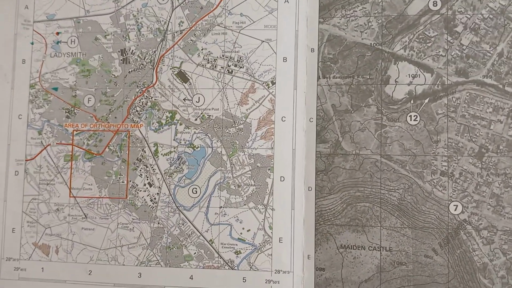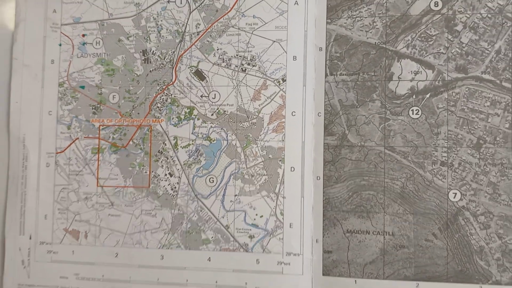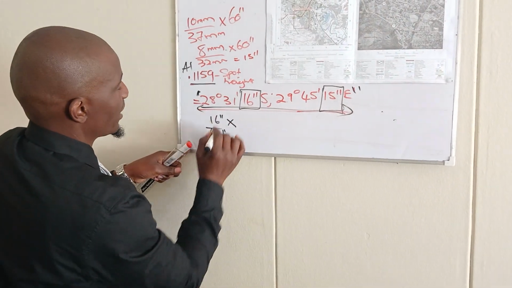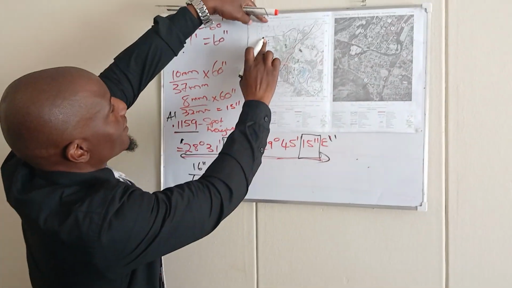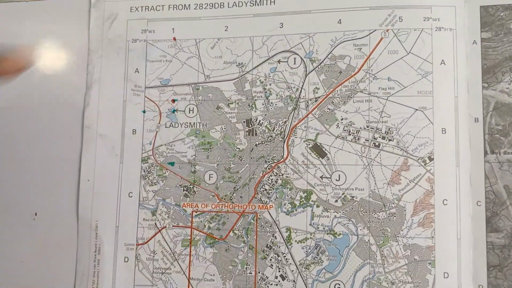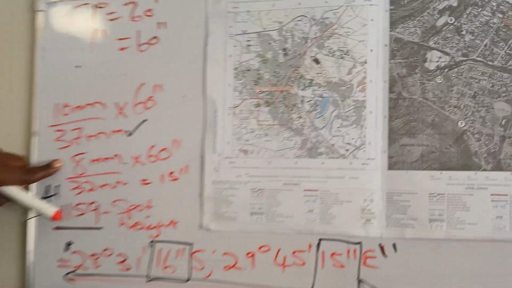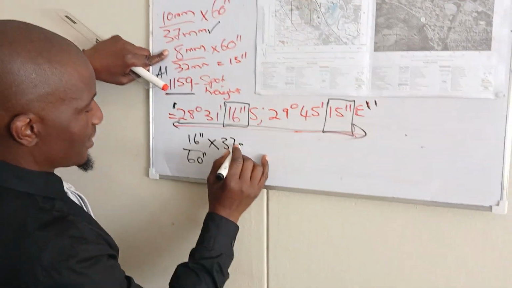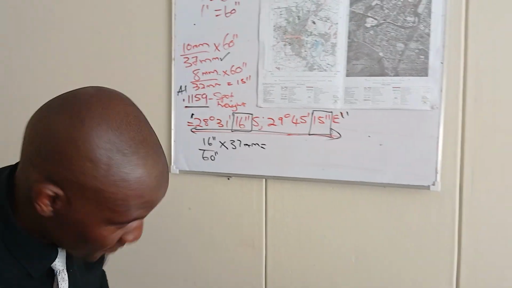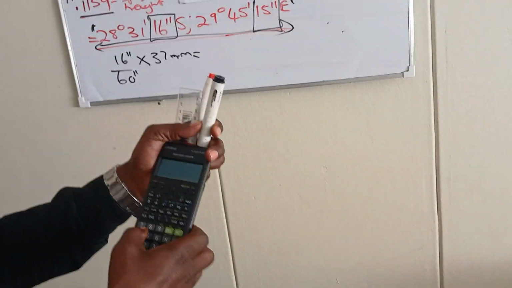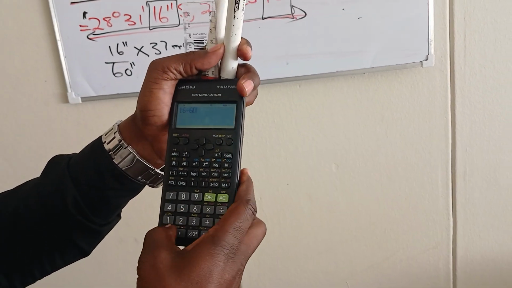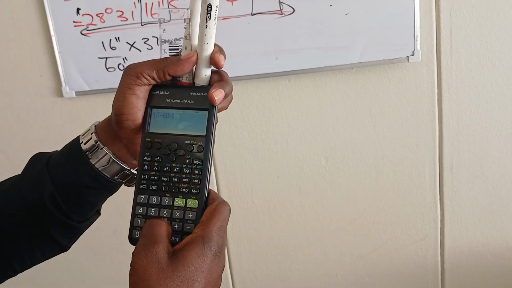I want to find the latitudinal position. I'll say 16 over 60 seconds multiplied by the length of my grid square. In terms of my latitude, I've already talked about this, it's 37, which means I'll multiply by 37 millimeters. So 16 over 60, these are the seconds, multiplied by 37.